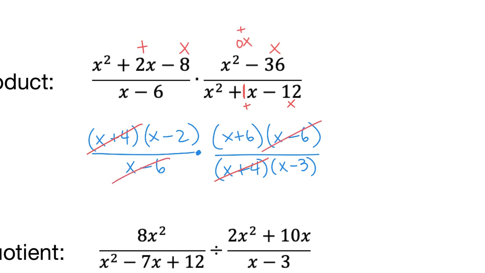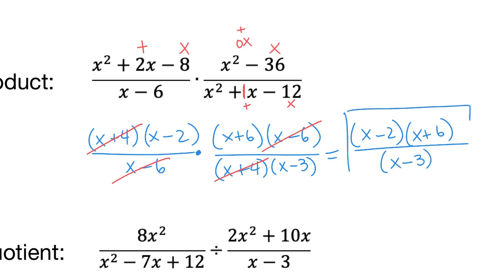And x minus 6 is the same on top and bottom. And that looks like everything. So we have our simplified as much as we can. So we're left with an x minus 2 and an x plus 6 on top and an x minus 3 on bottom. That is as simplified as it possibly could get.